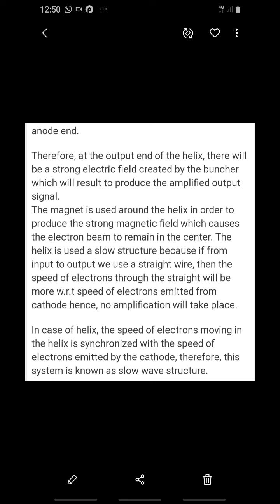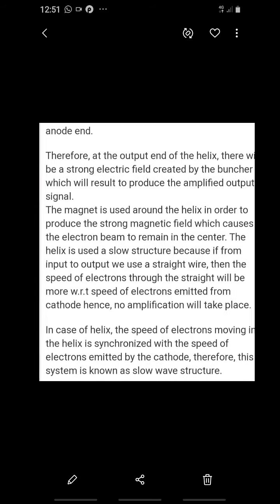In case of the helix, the speed of electrons moving in the helix is synchronized with the speed of electrons emitted by the cathode. Therefore, this system is known as a slow wave structure.